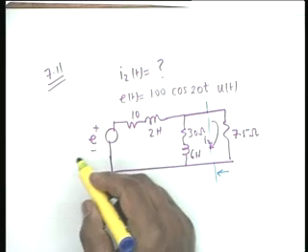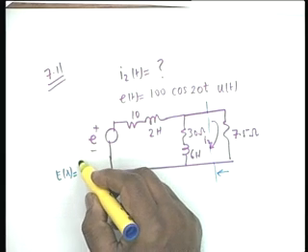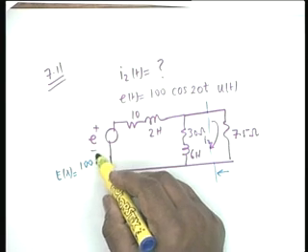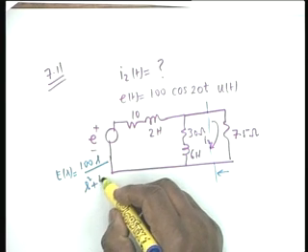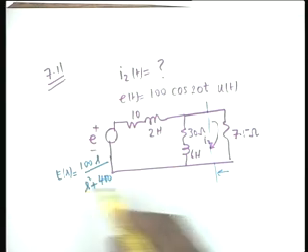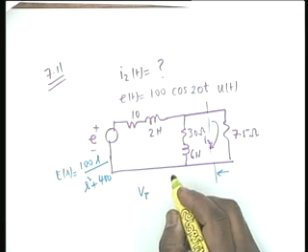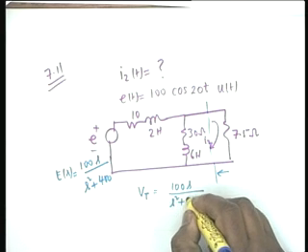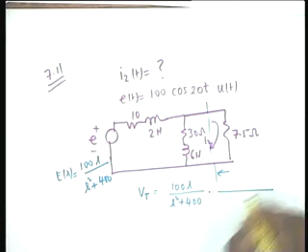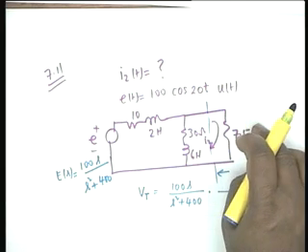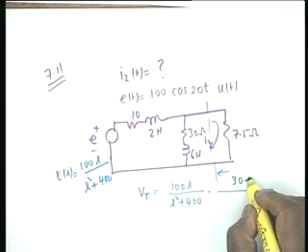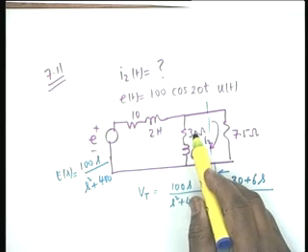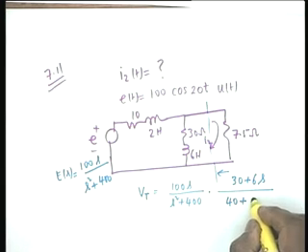And what is E of S? It is 100 multiplied by S divided by S squared plus 400. Wonderful. We know E of S, therefore Vt, the Thevenin voltage, would be 100 S, I solved this by inspection, over S squared plus 400 multiplied by, since this is open, 30 plus 6S divided by 40 plus 8S.